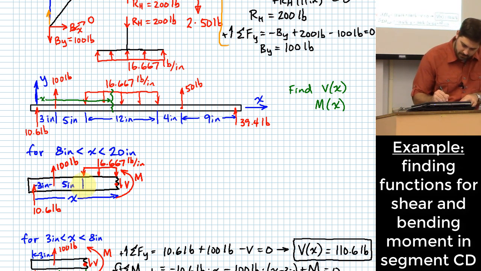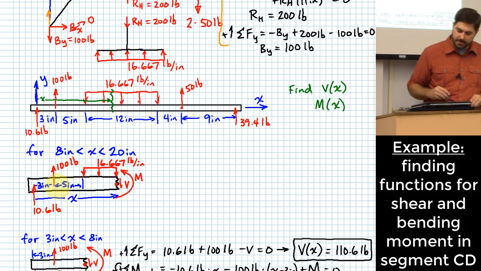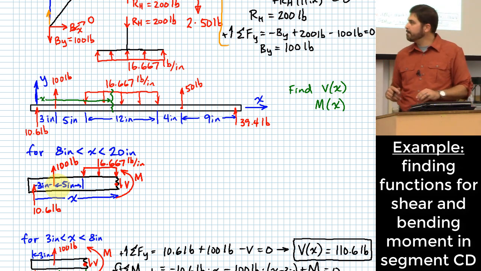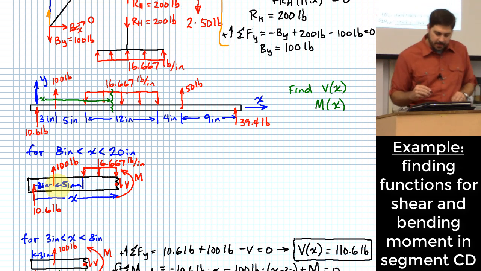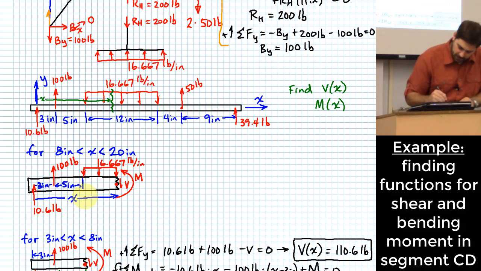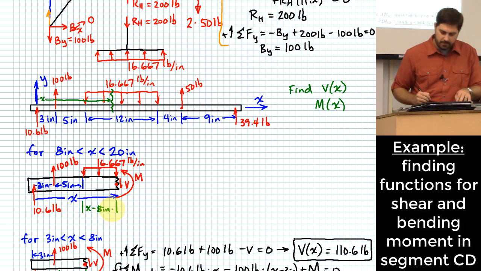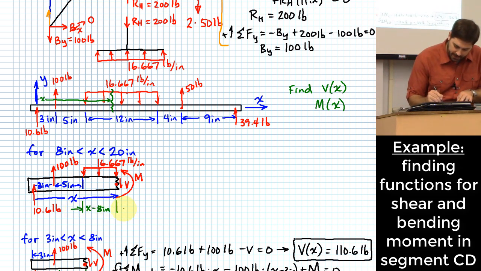I've got 5 inches to the beginning of the distributed load. So what's the length of the distributed load section? This will be x minus 8 inches, right? That's how far it is over that range.